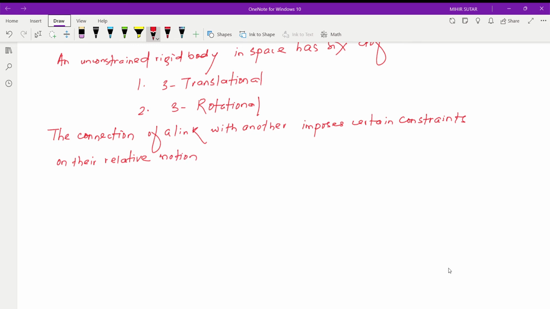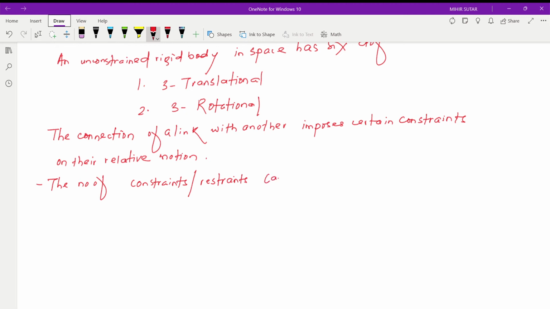The number of constraints, or we also call them restraints, can never be zero.